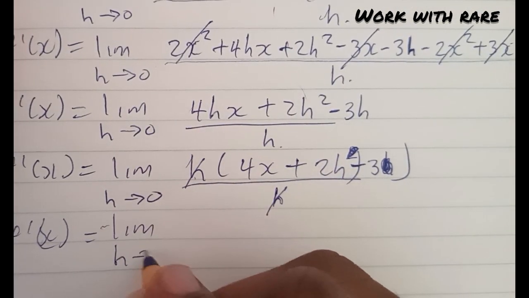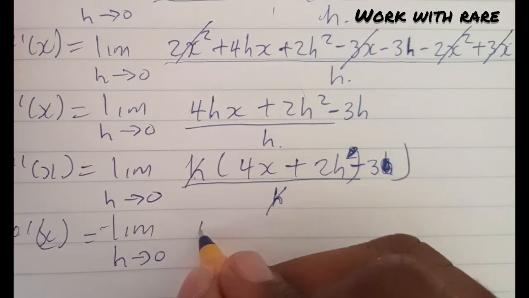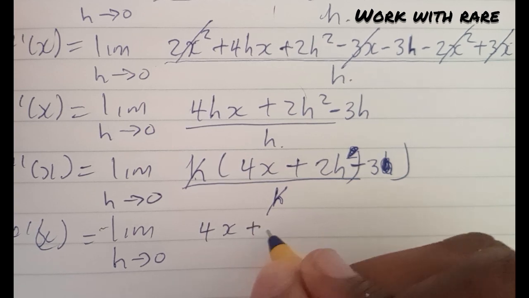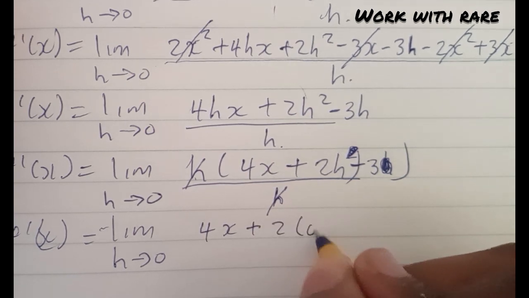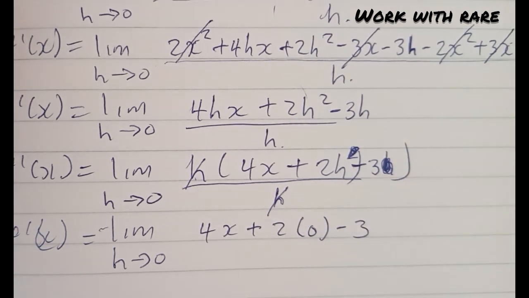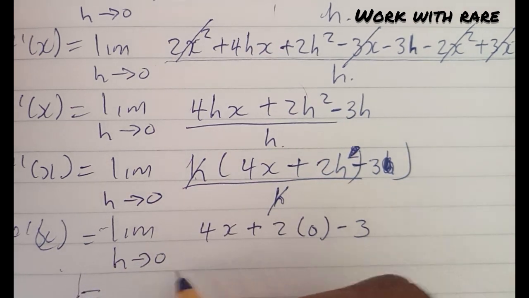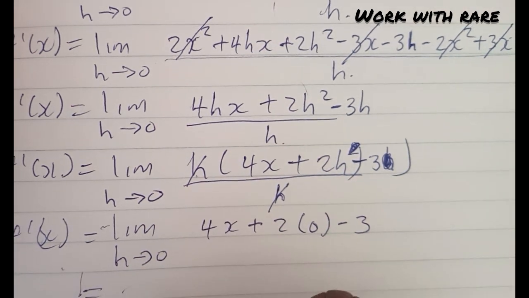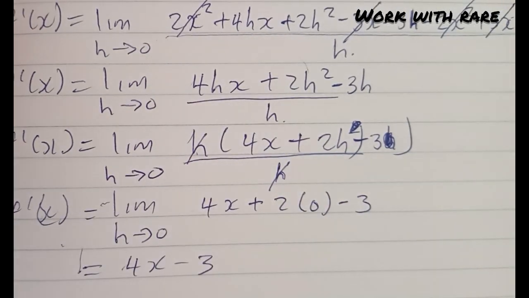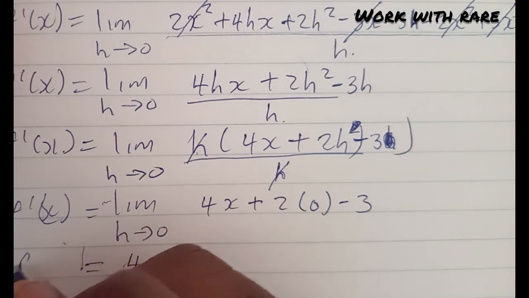the limit, then I will write what I remain with, but I will substitute 0 where I see h. Here it's minus. Any number multiplied by 0 is 0, so my final answer will be 4x minus 3. This is our final answer.